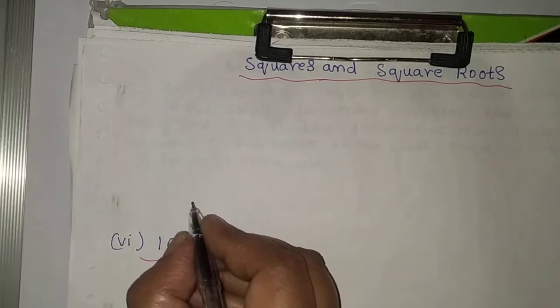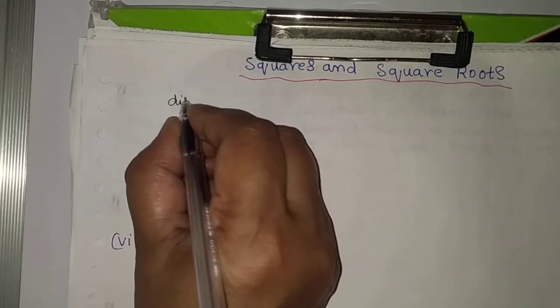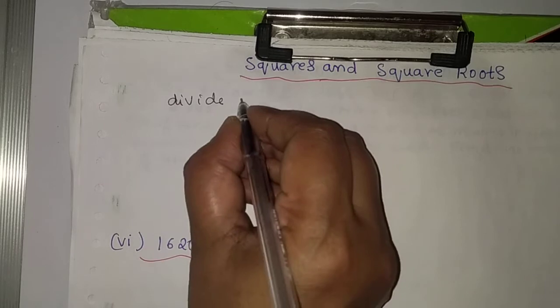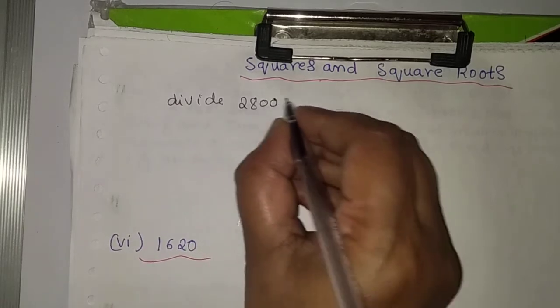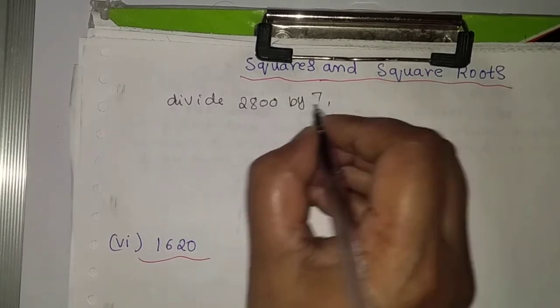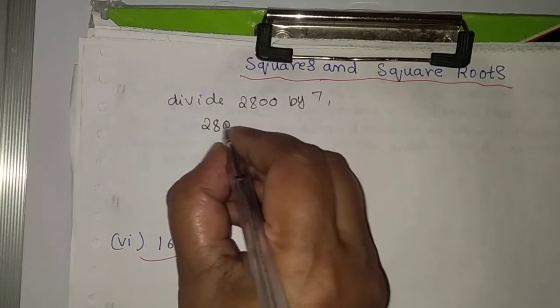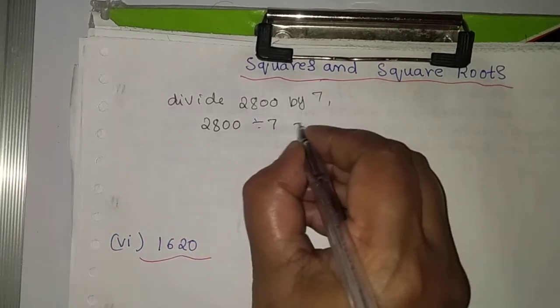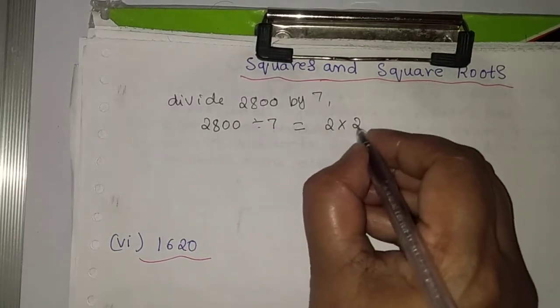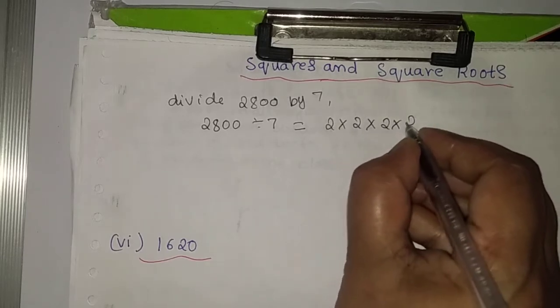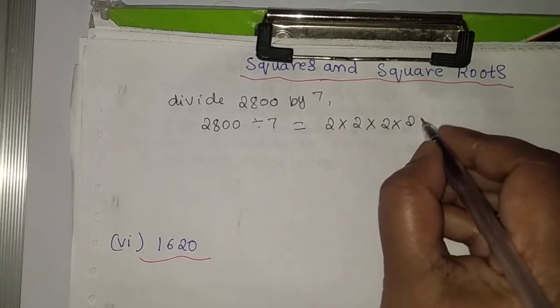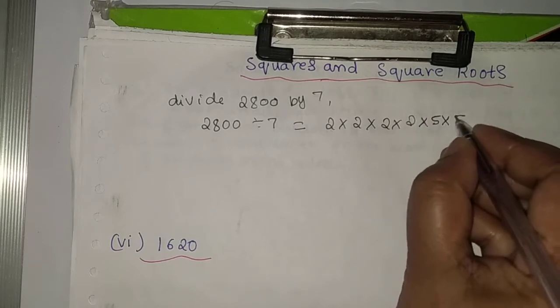So what we have to do is divide 2800 by 7. Write down the remaining: 2 into 2 into 2 into 2 into 5 into 5 we have.